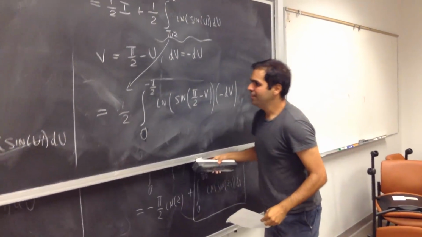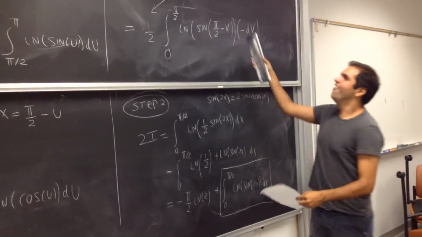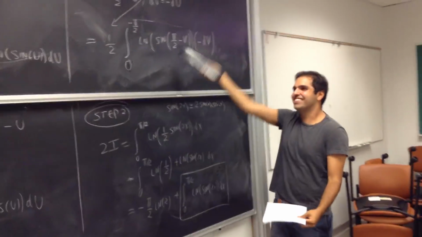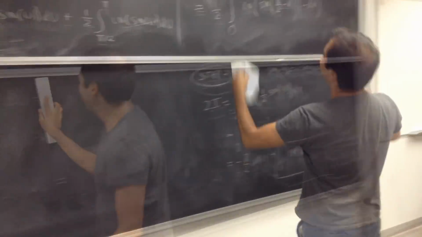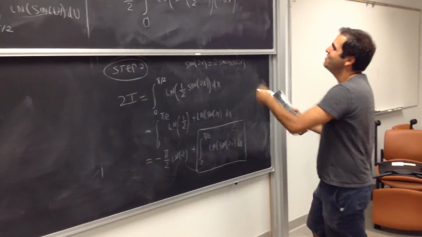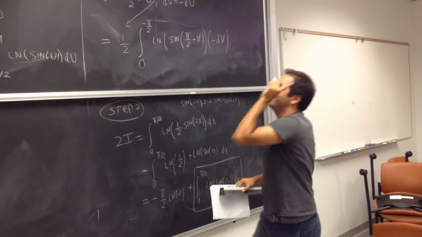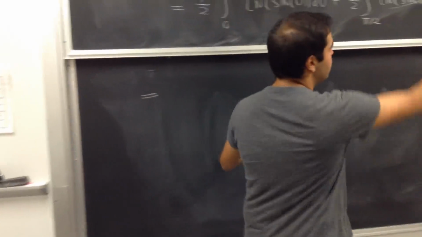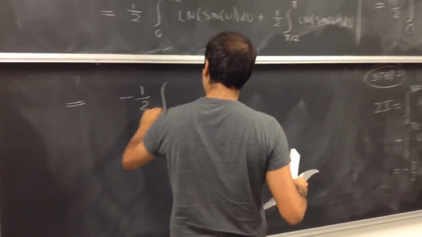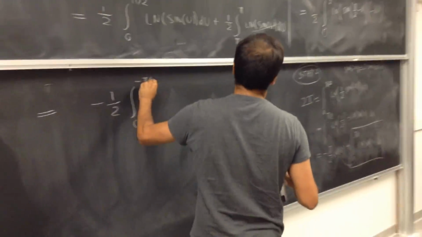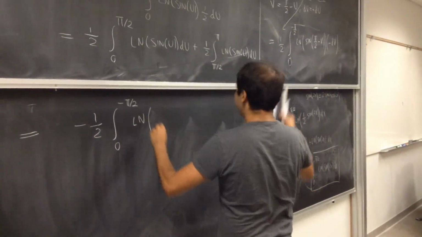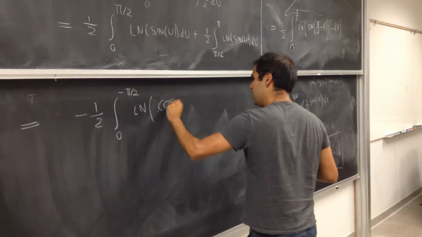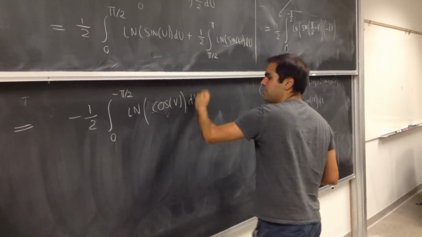Okay. Again, what the hell am I doing? I have this hard integral, I turned this into this worse integral. Okay. No! Anyway, it turns out this is very nice because we still have this minus, so minus 1/2 integral from 0 to minus pi over 2 of ln sine of pi over 2 minus v, which is cosine of v, dv.